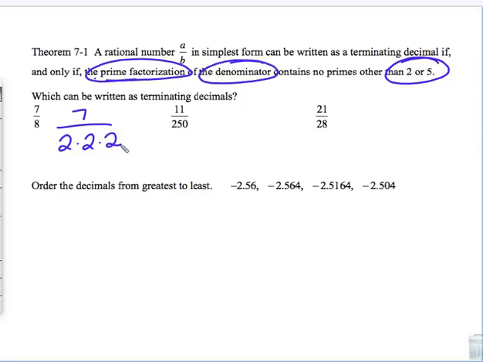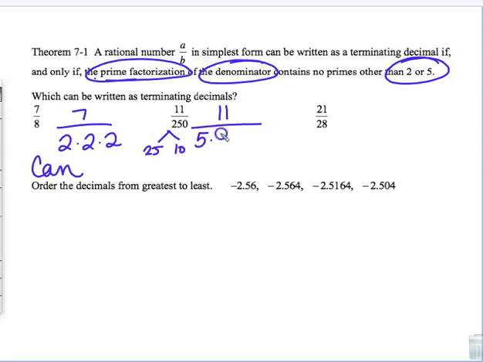So the theorem says a rational number in its simplest form can be written as a terminating decimal if and only if the prime factorization of the denominator contains no primes other than 2 or 5. This contains no primes other than 2 or 5, so I will say that this can be written as a terminating decimal. On number 2, we have 11 is a prime number, so that can't be prime factored. If we do a factor tree for 250, I could start with saying that's 25 times 10.